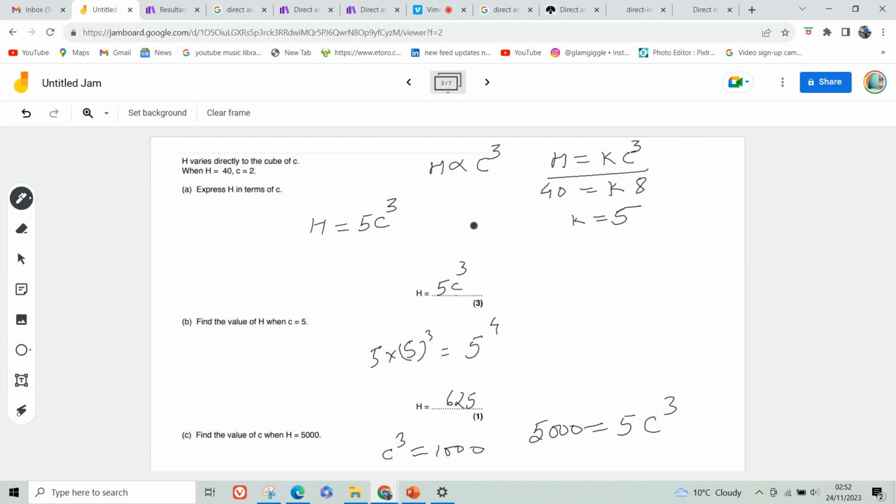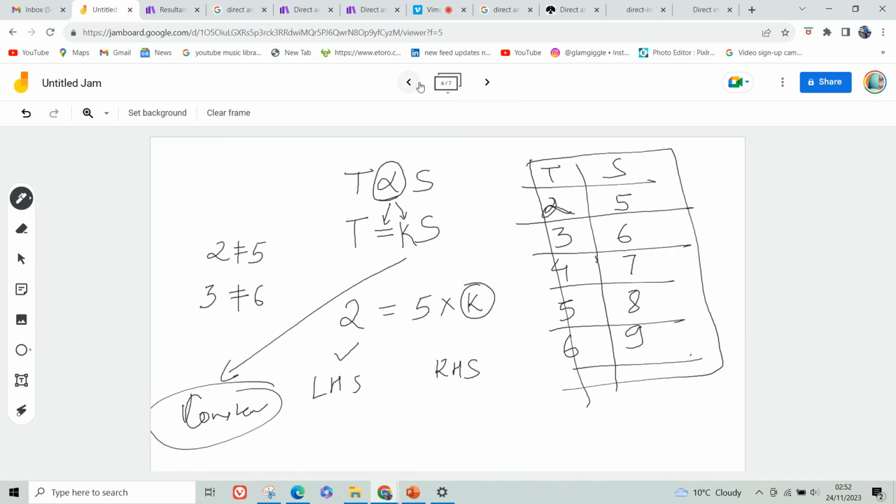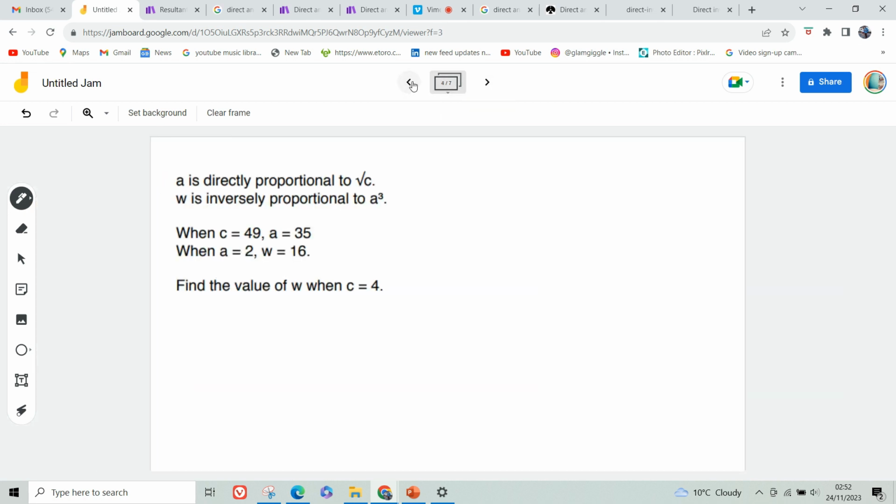So the cube root of 1000 will be 10. So our answer for c is 10. Alright, so these kinds of questions you are going to see in your test. Okay, let's see the next question.